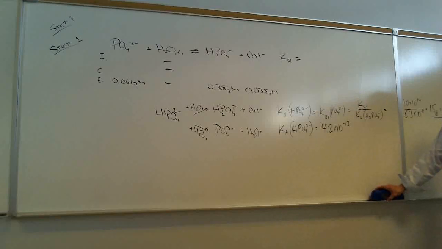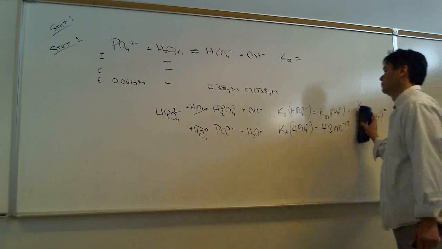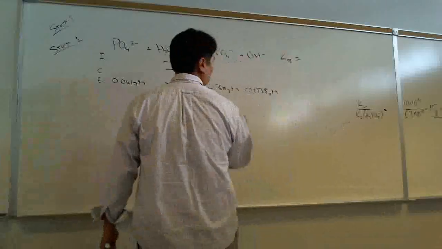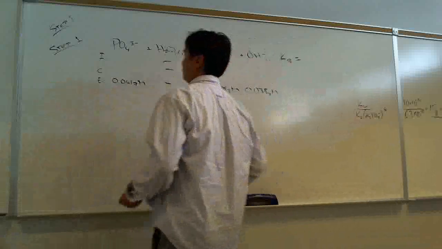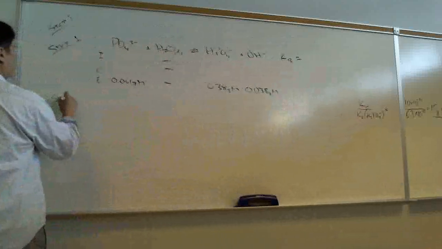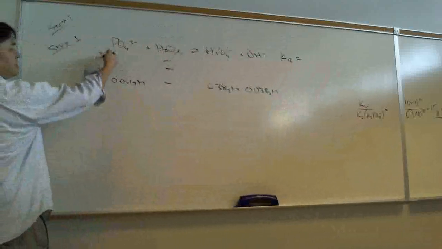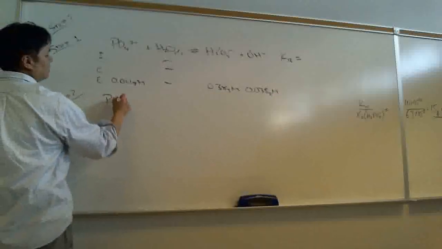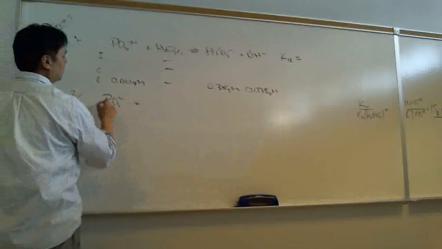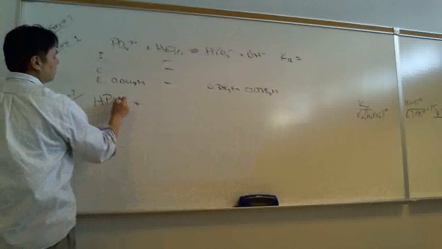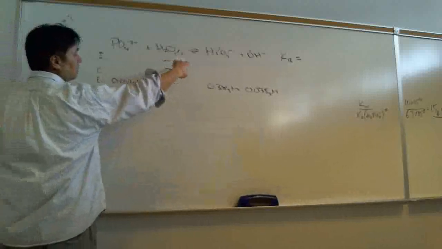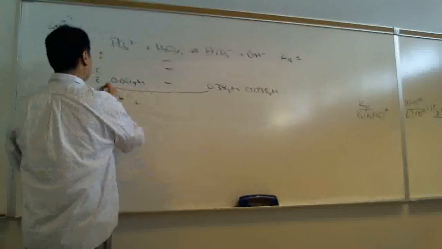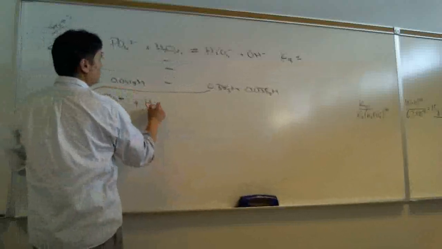So let's go on to step 2. Phosphate's a tribasic base, so it has the potential for picking up 3 protons. And so we'll go with monohydrogen phosphate, where we left off from step 1. This goes down here, and this is going to collide with water.